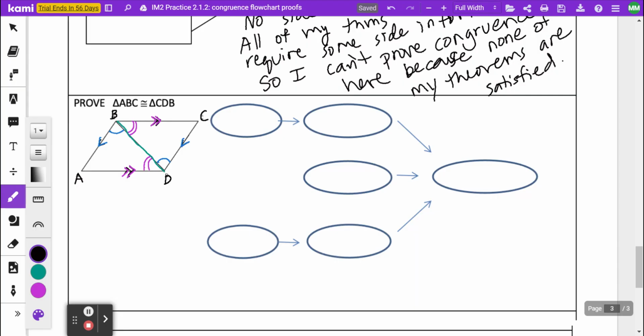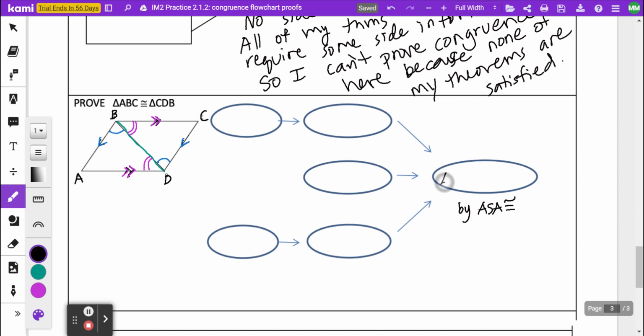I'm going to do angle, side, angle. So I'm going to prove congruence by angle, side, angle congruence. Okay.